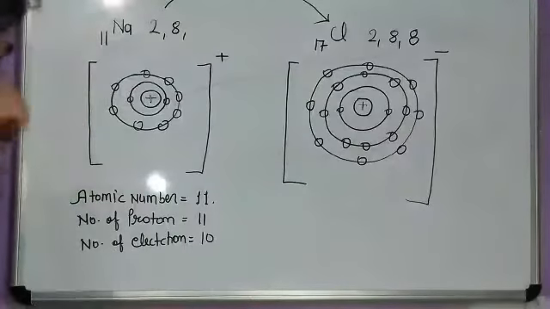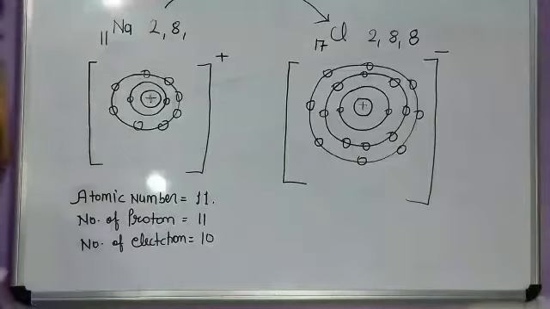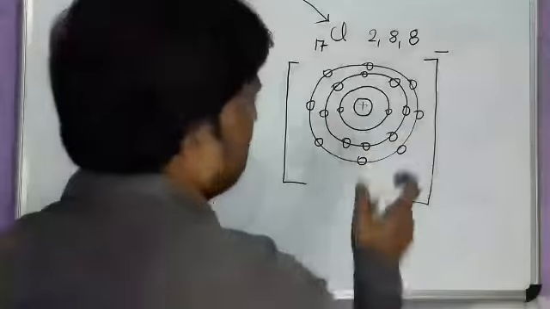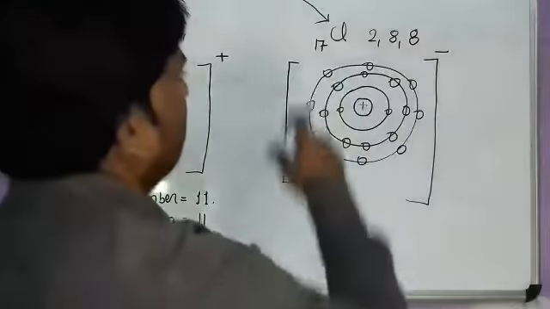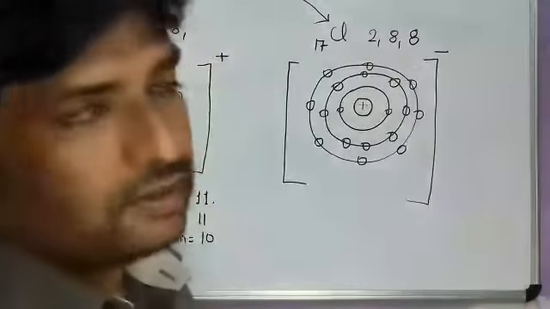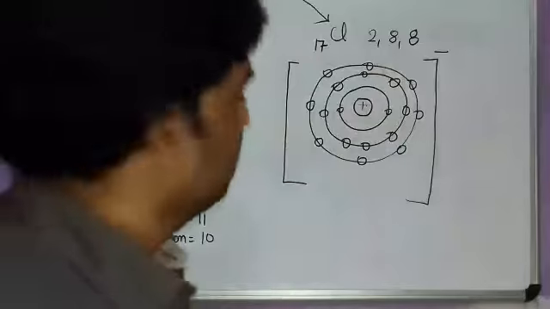After donating an electron it gets a positive charge, so the number of electrons reduces by 1. And for chlorine, after gaining an electron, the number of electrons is 18.